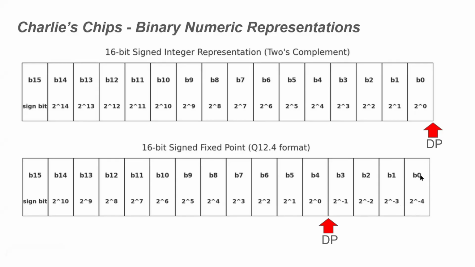So those are the numeric values for each of those bits. That's the fixed point format that I've decided to use.